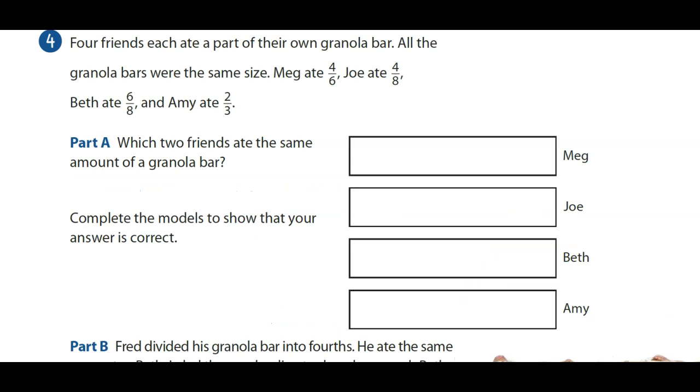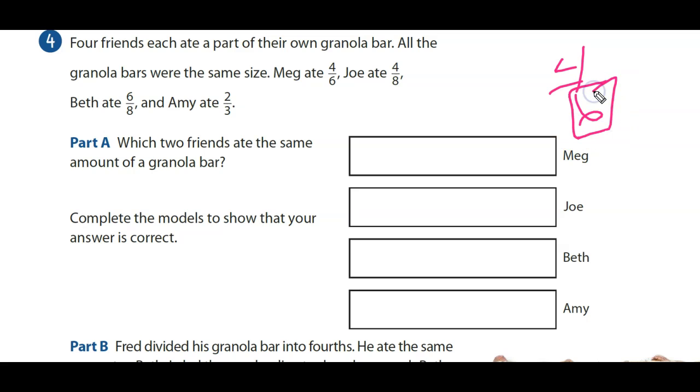Okay, let's go over to number 4. It says your friends each ate a part of their own granola bar. All the granola bars were the same size. So Meg, Joe, Beth, and Amy all have the same size. We have to do Meg's first. Meg says she ate 4/6.